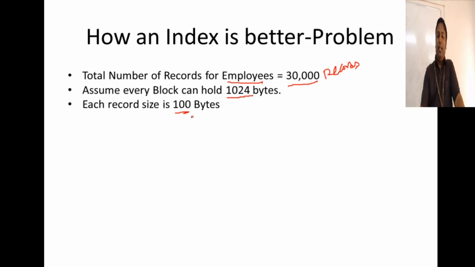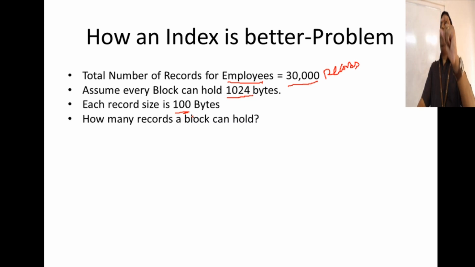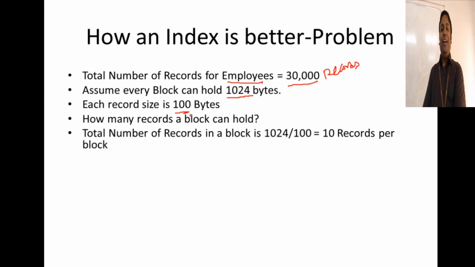Now the question is, how many records can fit in a block? One record is 100 bytes. A block size is 1024 bytes. How many records can fit inside one block? Very easy, right? So it's nothing but the block size divided by the record size.